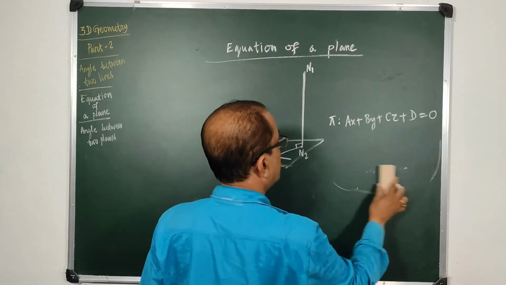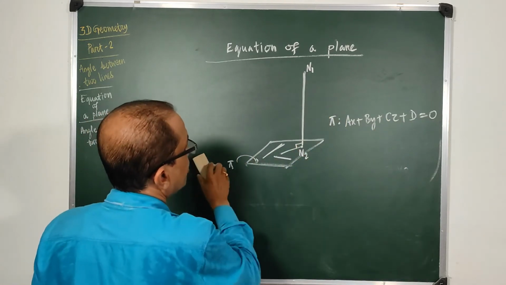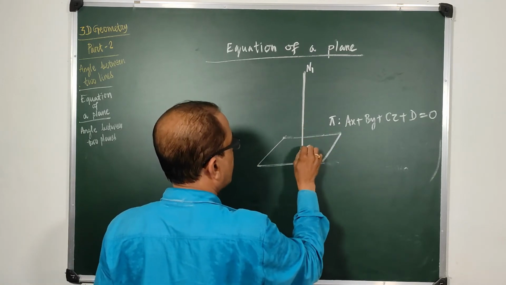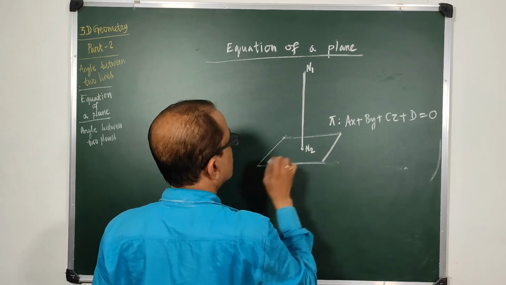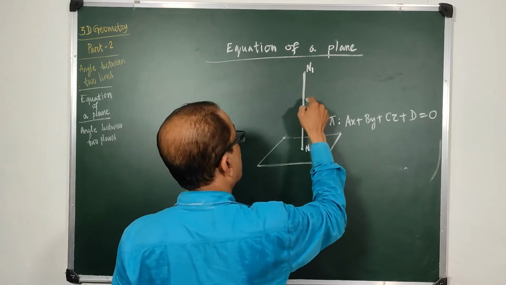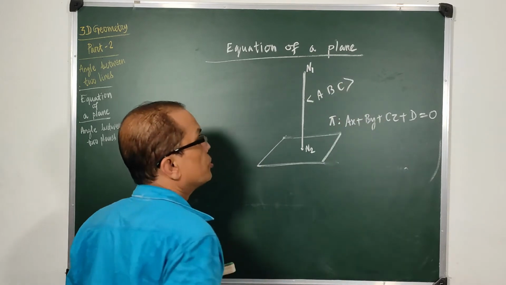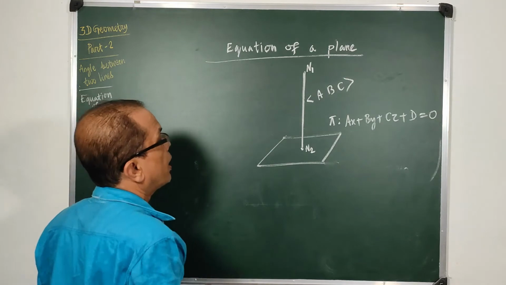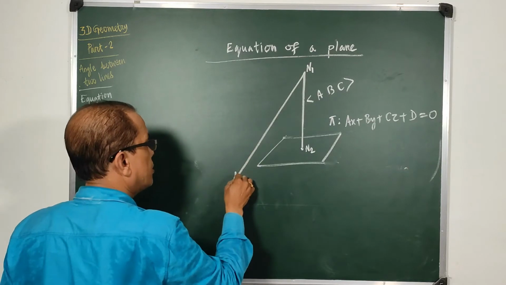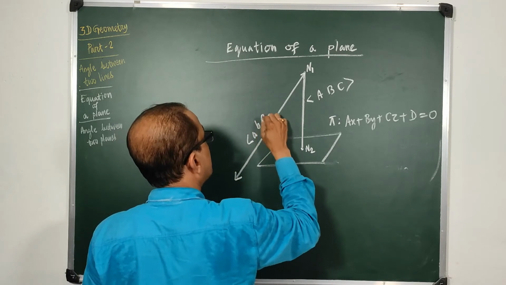So how are these A, B, C, D related to the figure of a plane? For a plane, if this is the normal drawn, then the DCs or DRs of this normal will be A, B, C, which are here. So whenever you try to find the angle between a line and the normal, suppose I take a line like this, and this line has DRs a, b, c.